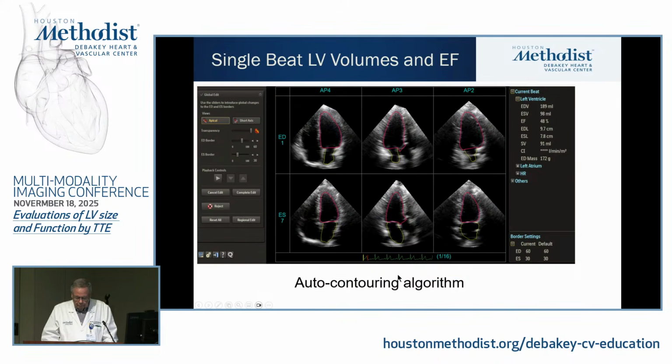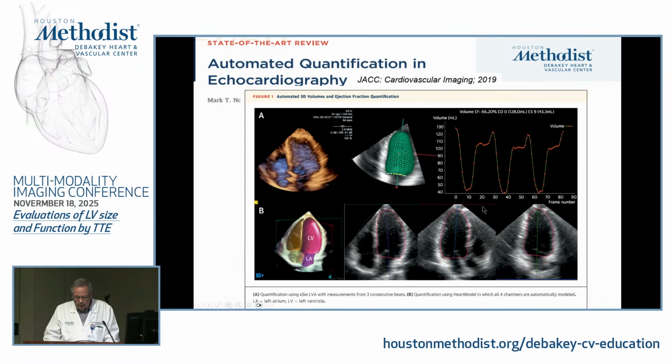So now you can do 3D assessment of the LV, the RV, and the LA, and not only do you get values, but you also can get curves, like a volume curve, because you can do a bit-by-bit assessment rather than having to average from several bits. So the new 3D technology is really cool, no question about it. And again, when you get good quality studies and good numbers, it's phenomenal. But I still rely on my eye to accept the value that is given to me.